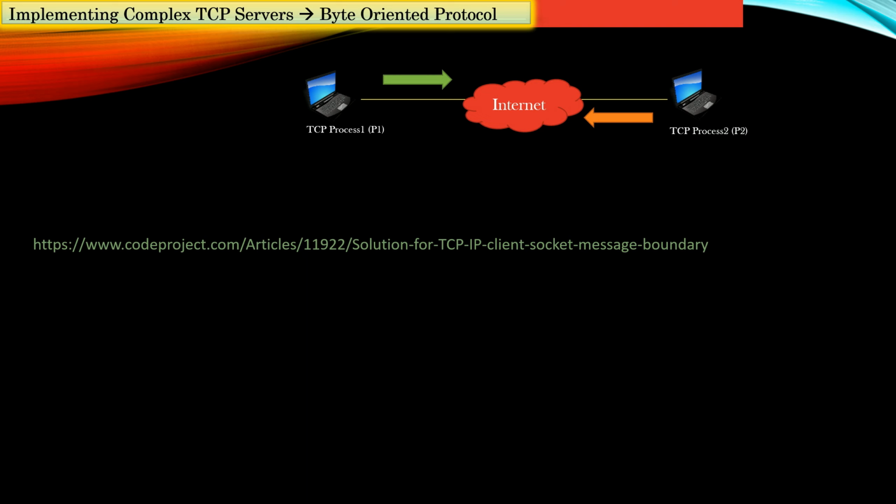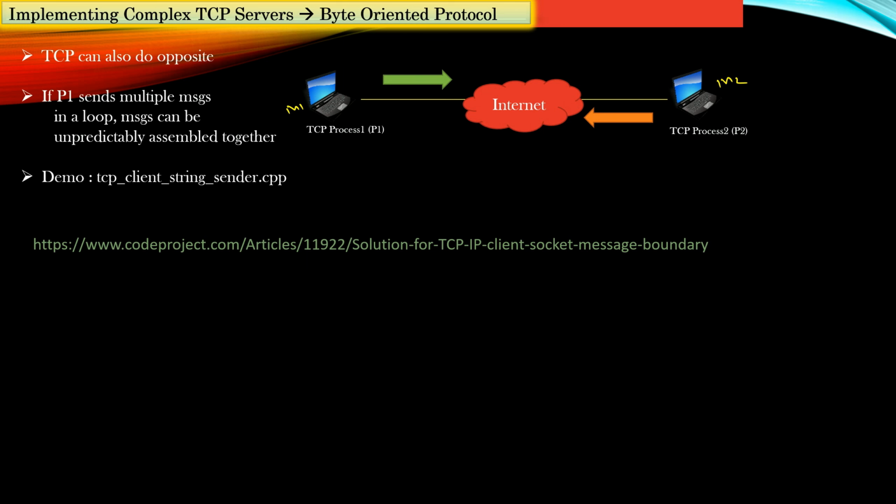So here again we have machine M1 and machine M2, both running the TCP protocol. TCP can also do the opposite. That is, the sending process P1 sends multiple messages in a loop. Messages can be unpredictably assembled together.